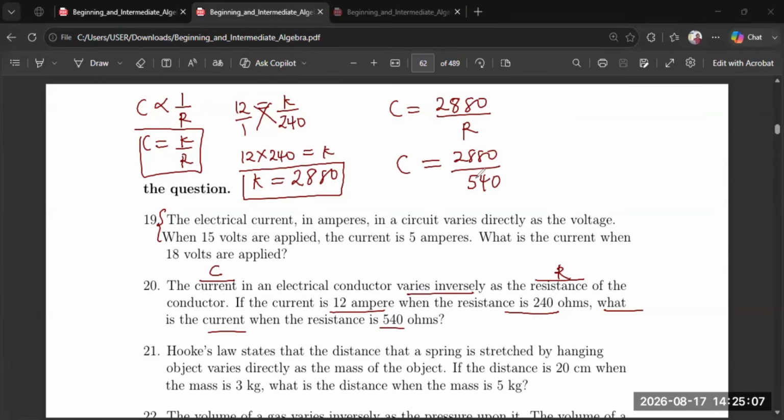So 2,880 divided by 540 is around 5.3. So C is equal to 5.3 amperes. That is pretty much what it is, and I think that will be all for today because we've already done the problems of variation.